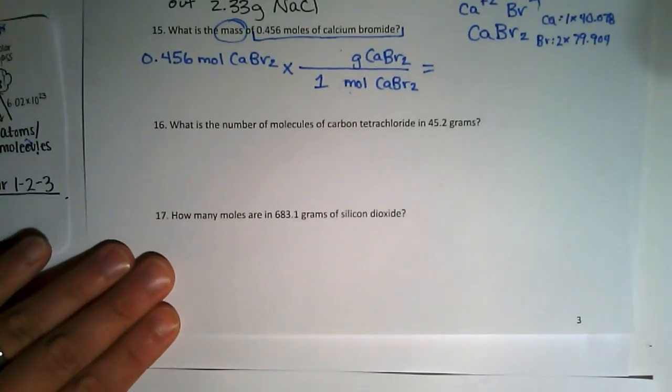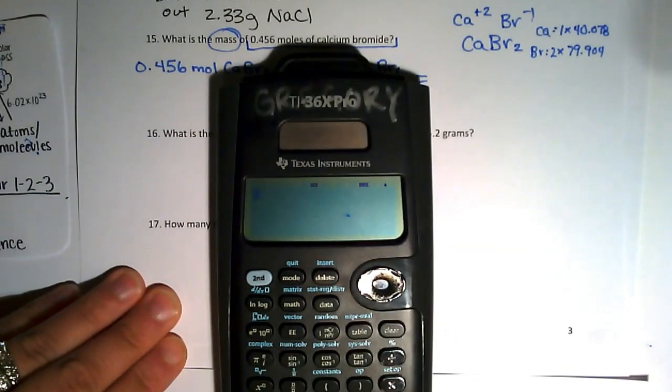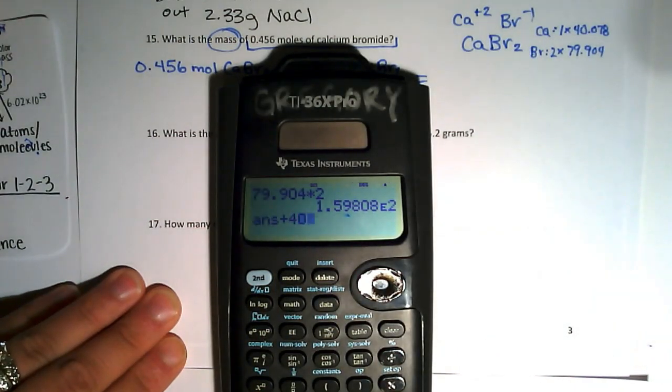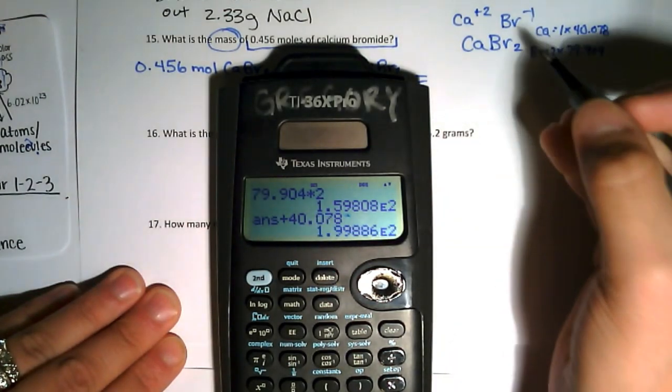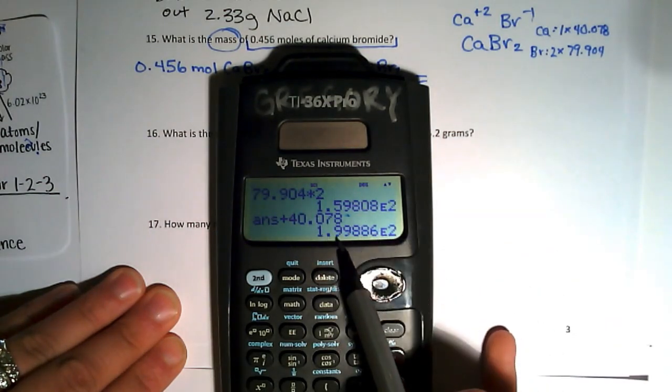So I'm going to need a calculator for this one. Let's see. So we have 79.904 times 2, and then we're going to add 40.078. So the mass of calcium bromide is 1.99 e to the second. So I move my decimal place 2 times, 199.886.